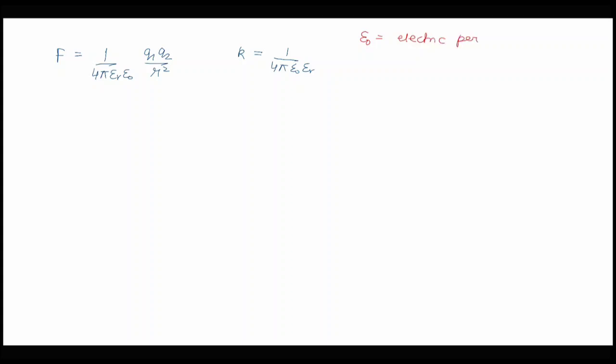Electric permittivity of free space. And the other term which we have employed over here, epsilon r, is called relative permittivity, and it is also regarded as the dielectric constant of the medium.